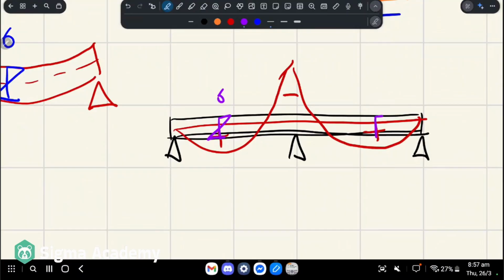Where there is positive moment, we have compression at the top flange and tension at the bottom flange, and this is true on both sides of our beam. But once we get to the area of negative bending moment, our stress distribution flips.